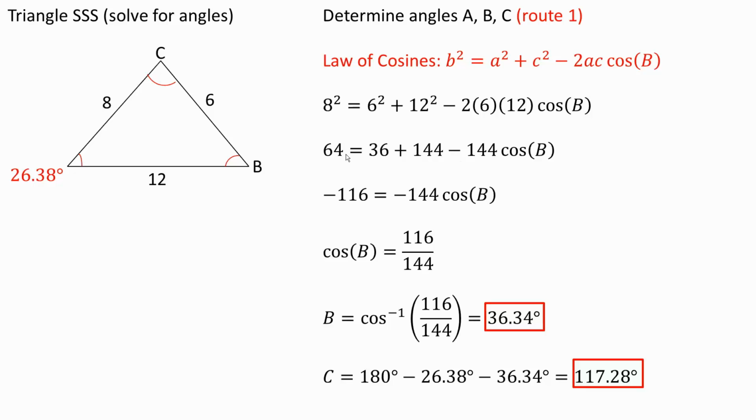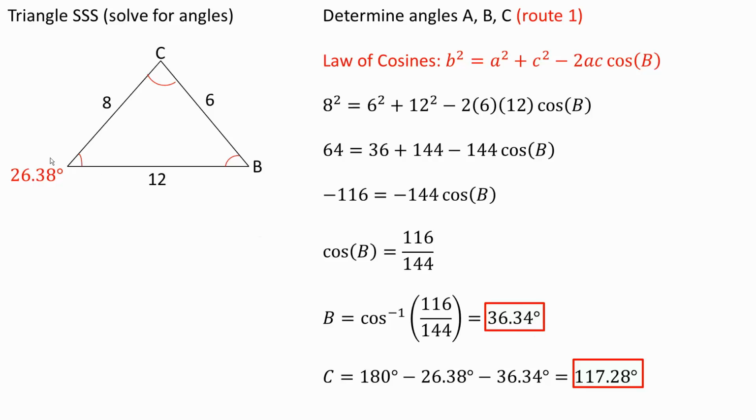The next step, 64 minus 36 minus 144, would give us negative 116 is equal to negative 144 cosine B. Divide by negative 144 on both sides, and we would get cosine B is equal to 116 divided by 144. And if we solve for B, we would get cosine inverse of 116 divided by 144, which is 36.34 degrees. And so now we have two pieces.